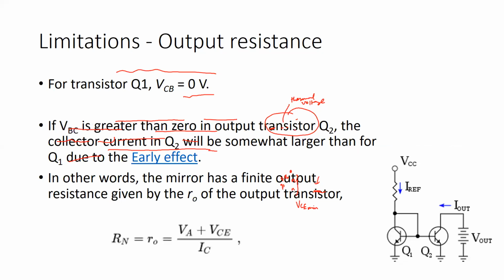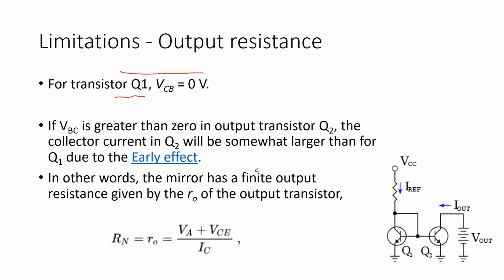Now, there is more explanation about the output resistance. Here you see the limitation for the transistor. VCB is equal to 0 volt, because here is the collector, here is the base, and we have shorted them. That's why this is 0.